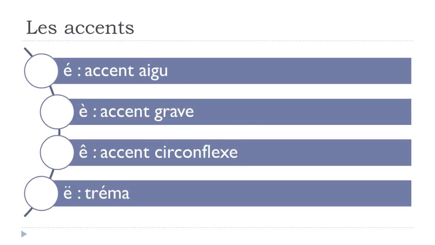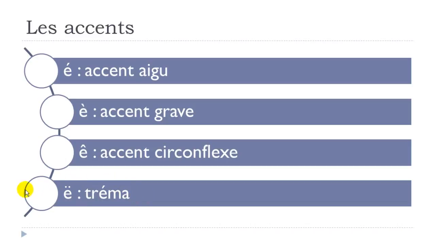The last one, tréma, well, basically it's quite rare, and the tricky thing is that in some cases you will have to pronounce it like eh, for instance Noël, but then in some cases it can be pronounced like eh.